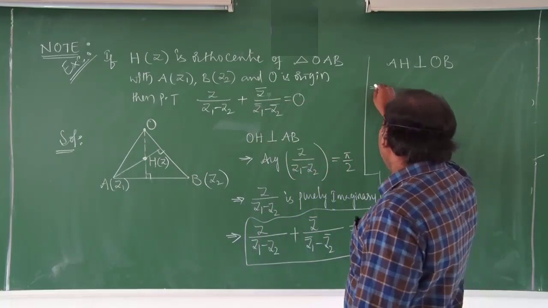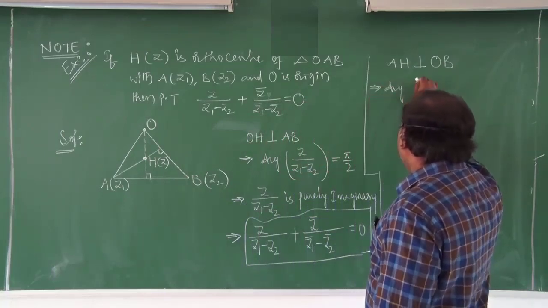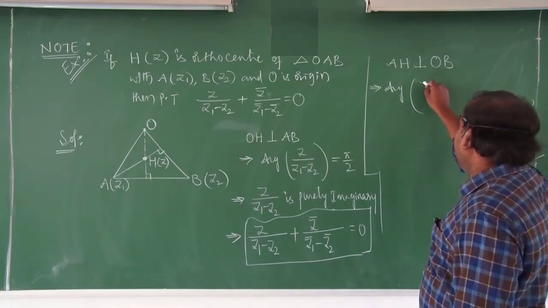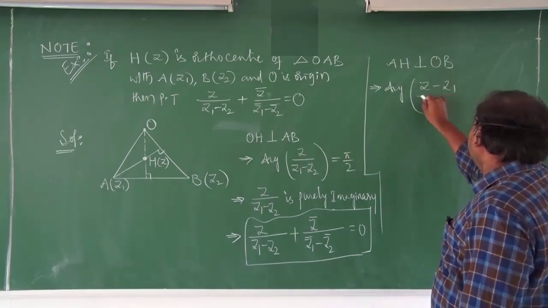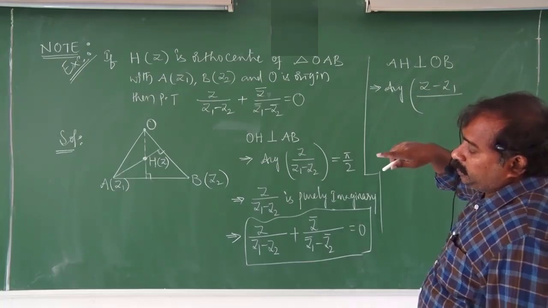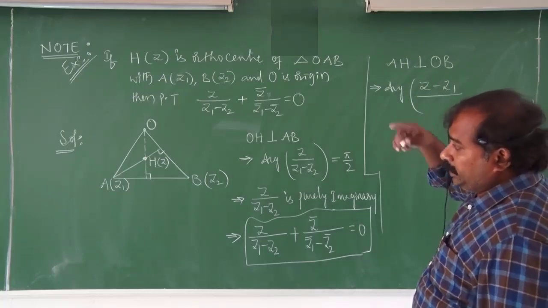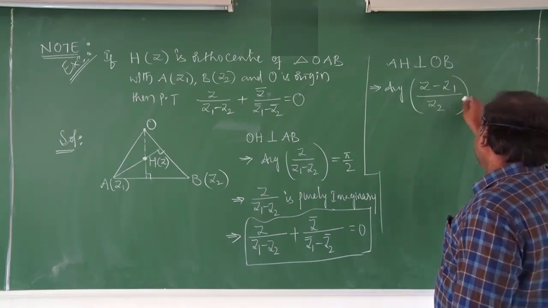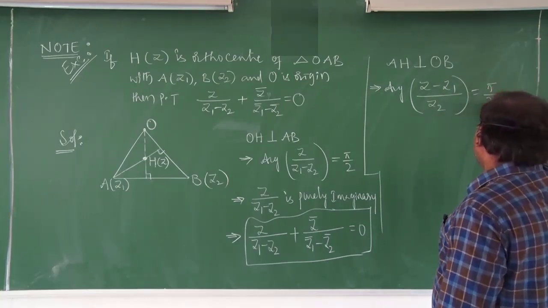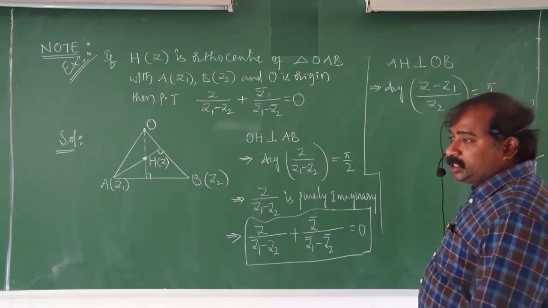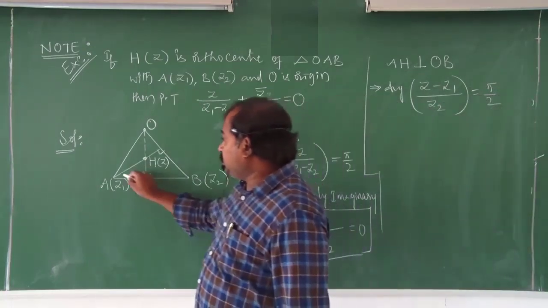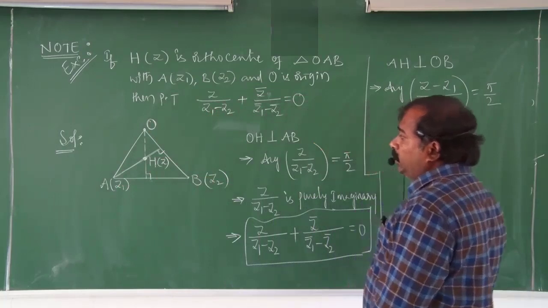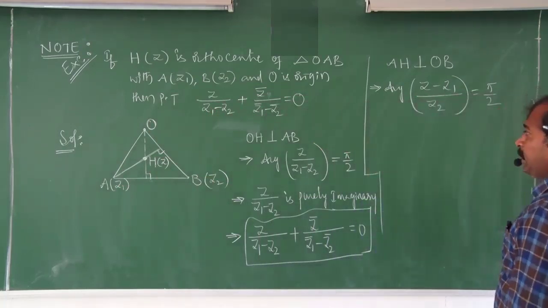How can I write that? The argument of z minus z1 by z2 minus 0 equals pi by 2, since these lines are perpendicular. This is the AH line and this is the BO line, so the argument of AH by BO is nothing but pi by 2.